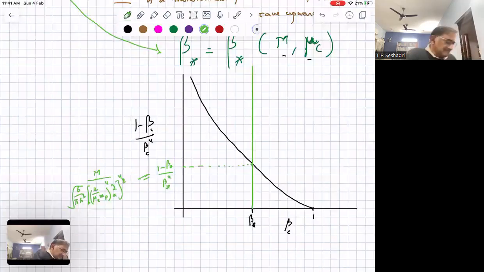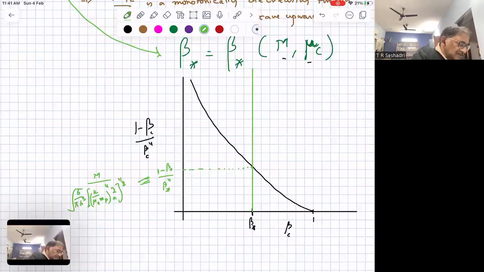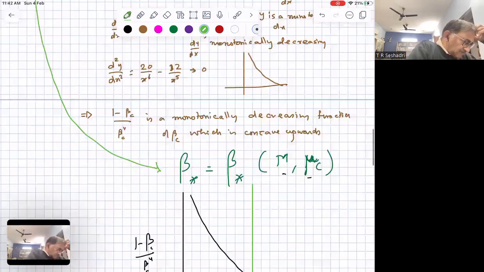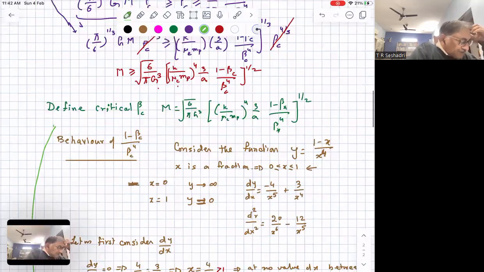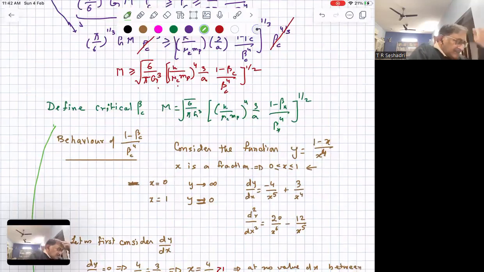Because I said mass in terms of the critical one. Now it means that if the mass has to be greater than some critical limit, then, if you are given a mass, this quantity (1 minus beta c) by beta c to the power 4 has to be less than that critical thing, right?